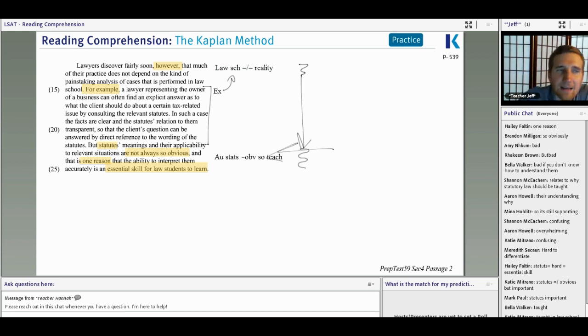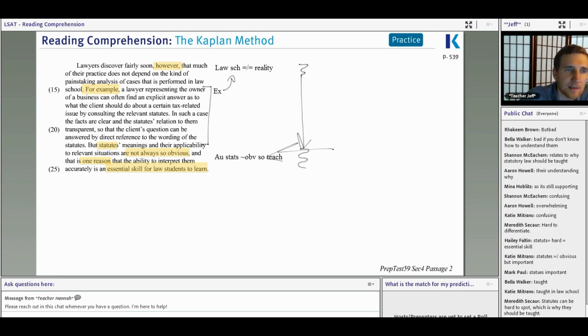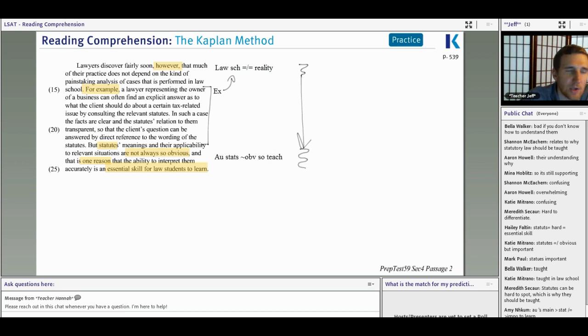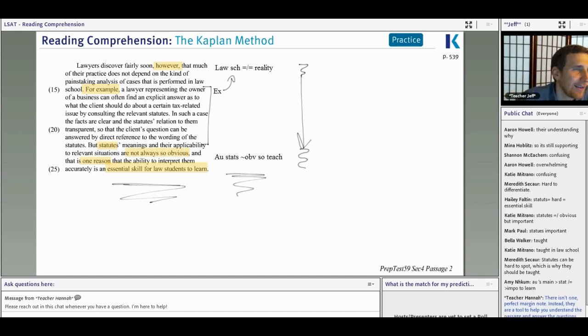Again, many, many different ways you could list this particular shorthand. As I said, whether you have it highlighted, whether you have it as a margin note, or whether you've got some of each, doesn't matter. As long as you're walking away from this paragraph knowing that core concept when you leave, all right? Meredith, Amy, Katie, Bella, Mark, Haley, all giving me great answers in there.